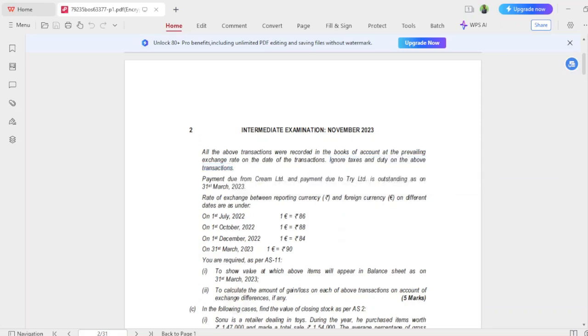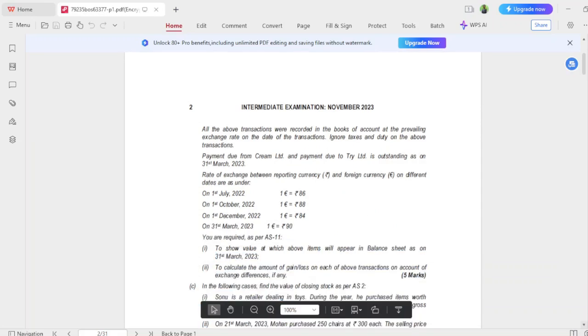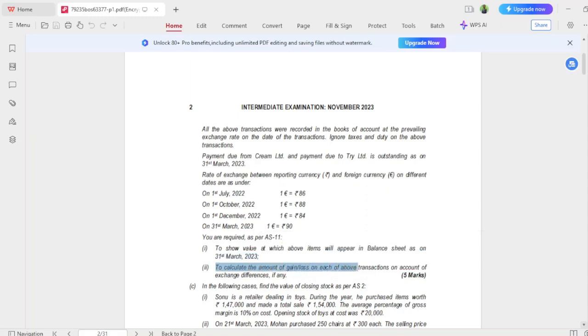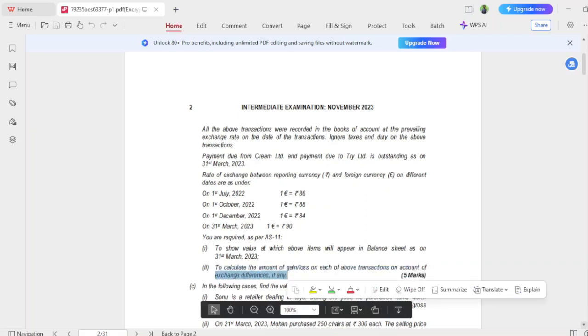These are the conversion values: 1 euro is 86 rupees on 1st July, 1st October and 1st December, and on 31st March, 90 rupees. Show the value at which the above items will appear in the balance sheet as on 31st March 2023, and calculate the amount of gain or loss on each of the above transactions on account of exchange difference, if any.